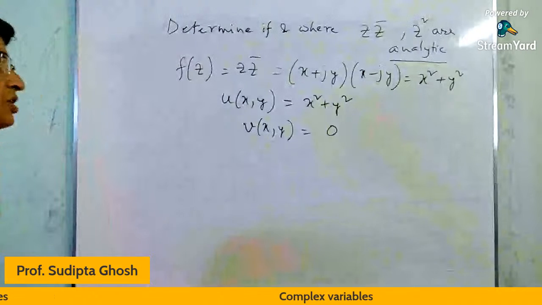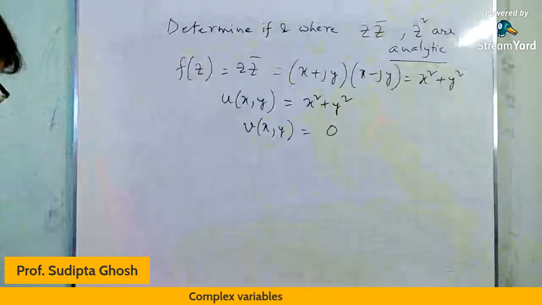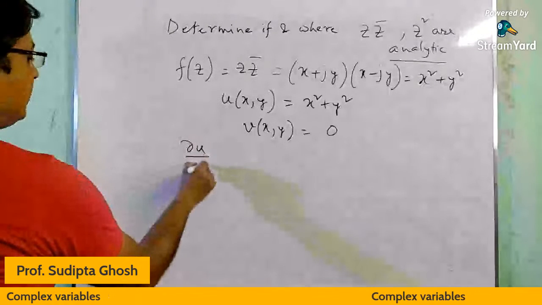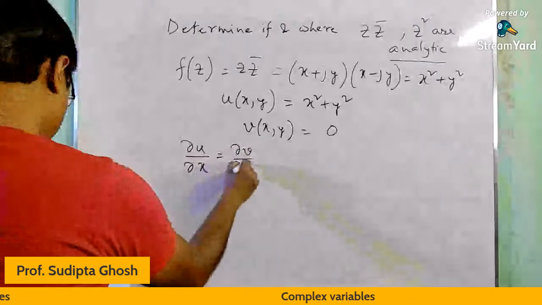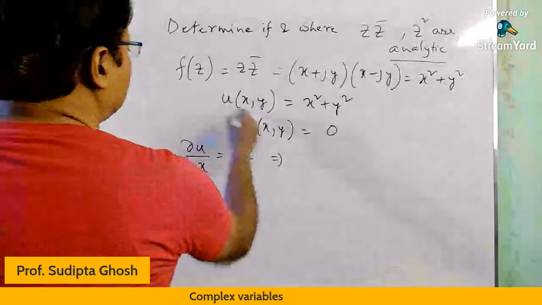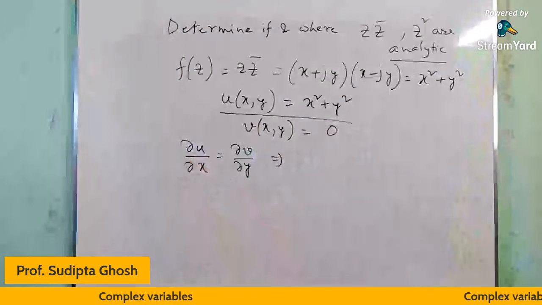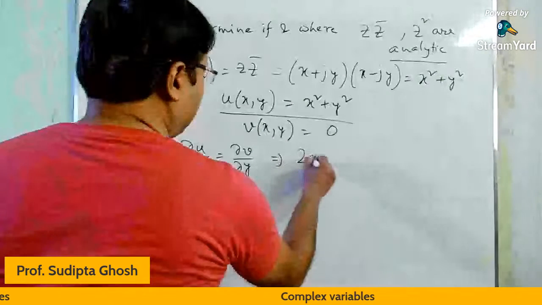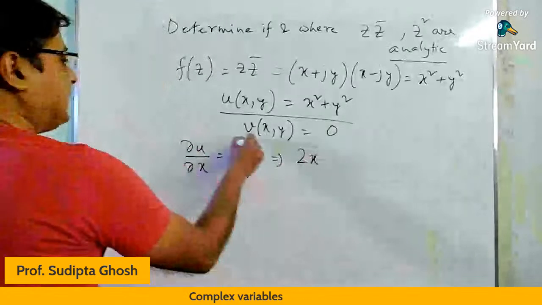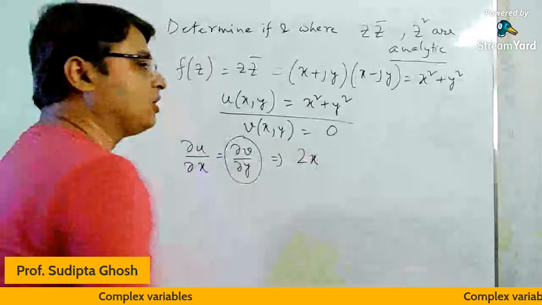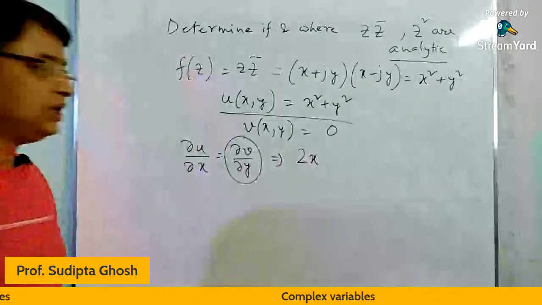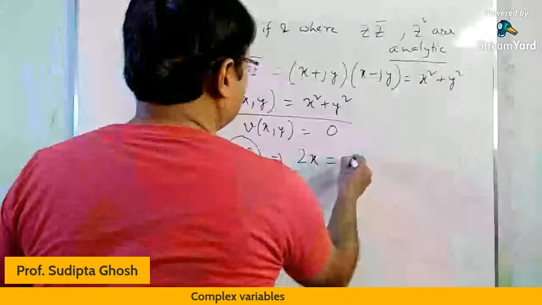Now from the Cauchy Riemann equation, del u del x equals del v del y. Del u del x is twice of x, and del v del y, because v of xy equals 0, gives us 0.